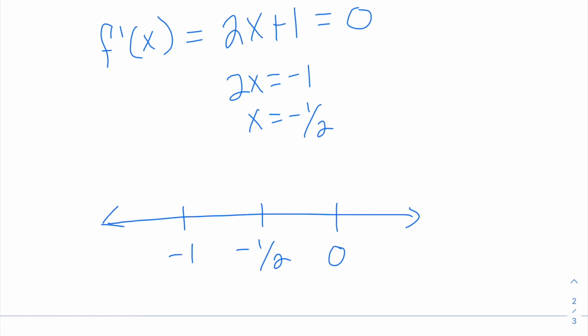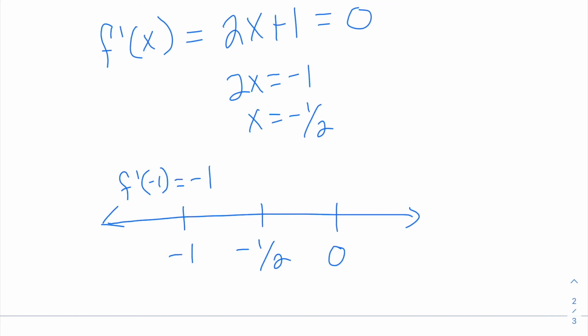And we don't care about the exact value. We just care if it's positive or negative. So let's see what happens if we plug in f prime of negative 1. 2 times negative 1 is negative 2 plus 1 is a negative 1 as our result. So this would be a negative value.